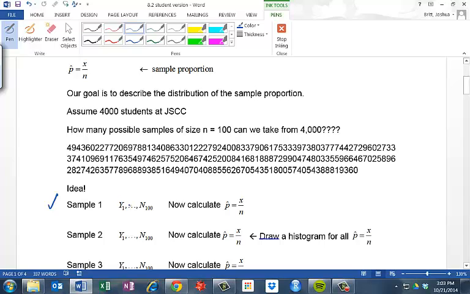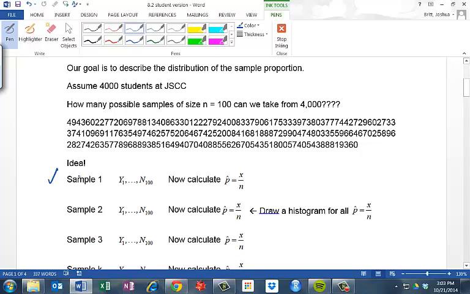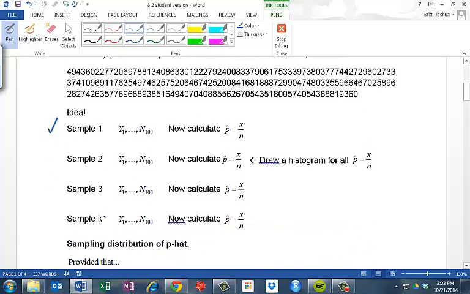The second student might say no, all the way down to the 100th student, and they may say yes or no. So the question is, how many possible samples are there? What is K? And K is equal to this big giant number here, which is really huge.